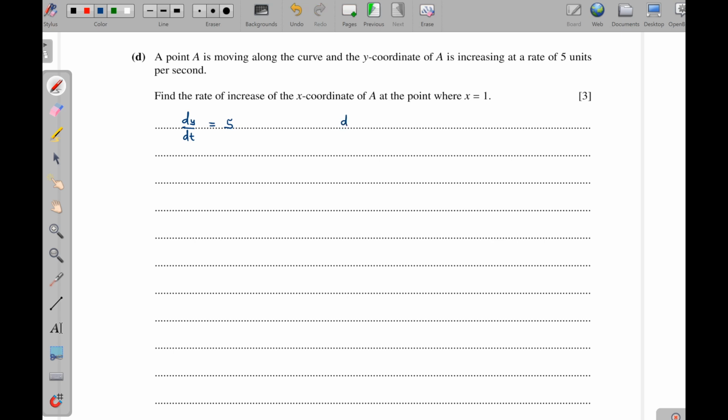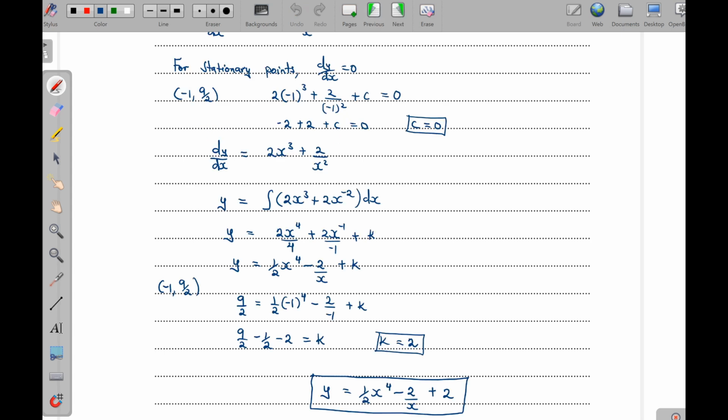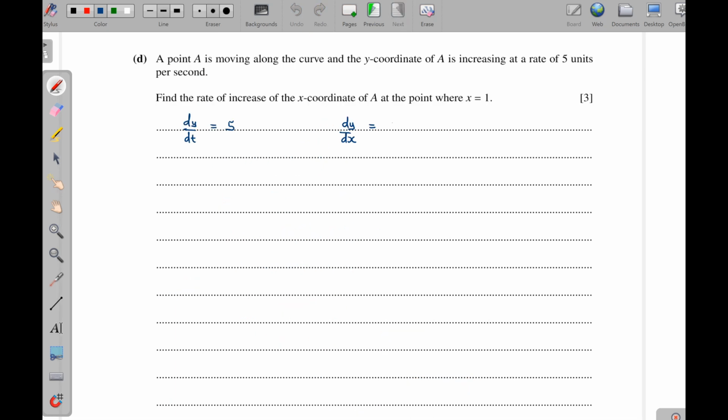Now, we have our dy dx, which is equal to, from here, 2x cubed, then plus 2 out of x squared. Now, because on the curve the gradient keeps on changing, they have to give you a point of reference.